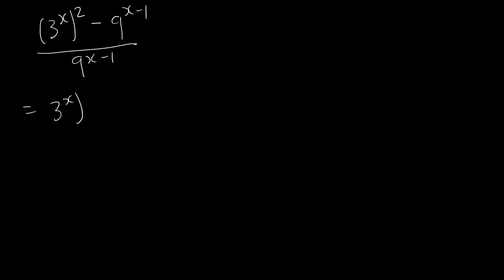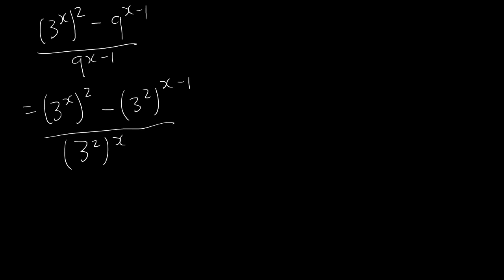Okay, we have (3^(2x-2) minus 3^(2x)) over (3^(2x-1)). So what we need to do is write it down in exponential form. Let's multiply the exponents.